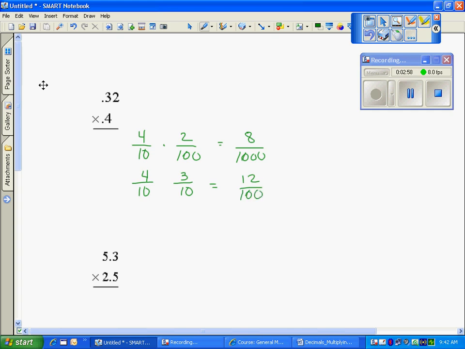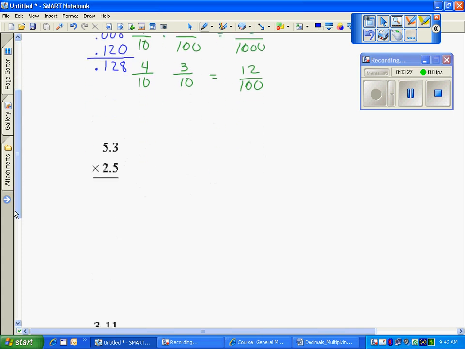Again, don't forget you're multiplying the denominators and the numerators. So writing it in decimal form, 8/1000ths, there's tenths, hundredths, thousandths, 12/100ths. I'm going to put a placeholder in, combining like places, dropping my decimal. I get 128/1000ths.